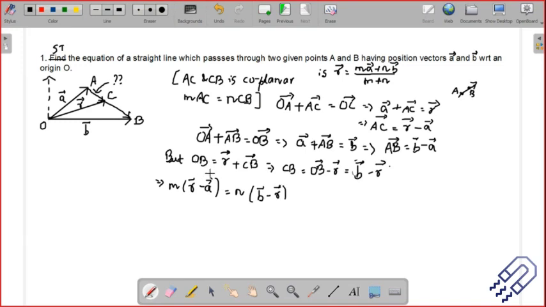So you can directly do this and then do the sum. There may be different approaches. Don't worry about it, just try to simplify it. When you simplify it, you should get this relation: m a bar plus n b bar divided by m plus n. So this is the equation of the straight line.